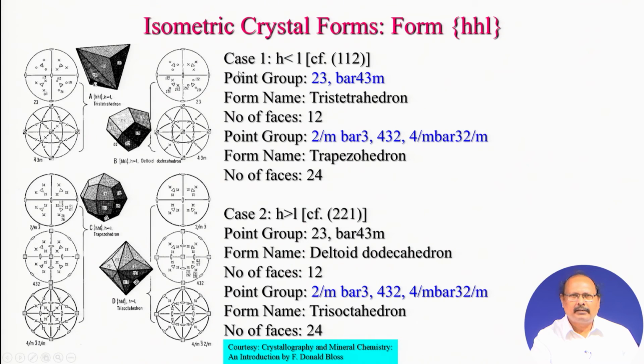Now, you see this is the one with H less than L. So, we start with 1 1 2, and what will happen in point groups 2 3 and bar 4 3 m is that it produces these symbols.